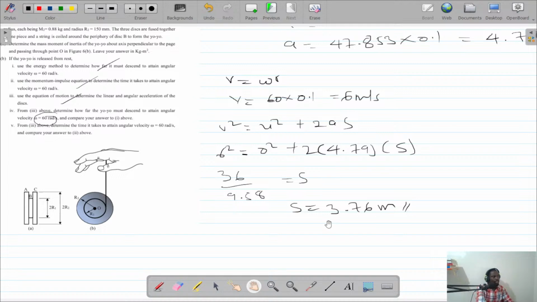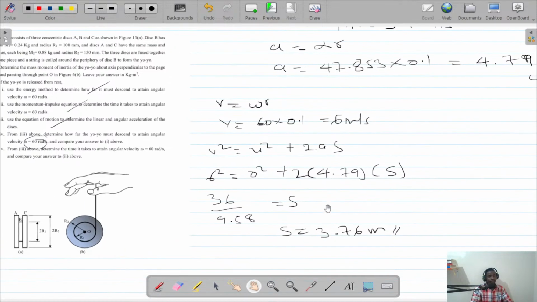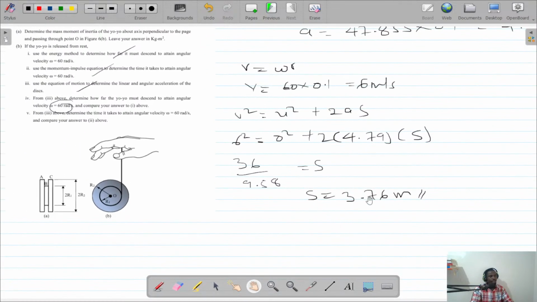Okay, then the last one, I have to go through this. I don't know if I've made a mistake somewhere, but the displacement using this equation is too much compared to the energy method, which shouldn't be so. All right, so let's do the last one. I'll go through it in the morning and see.